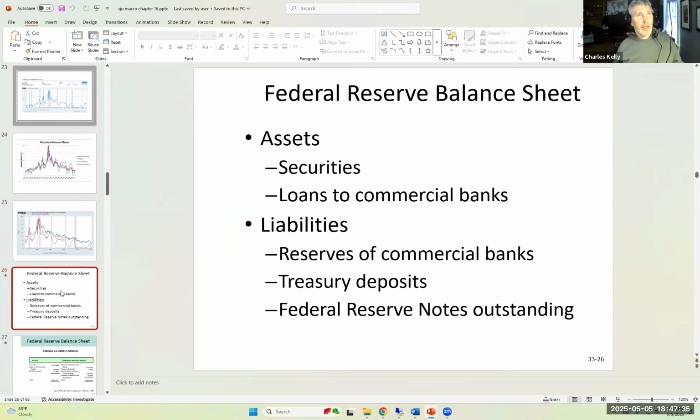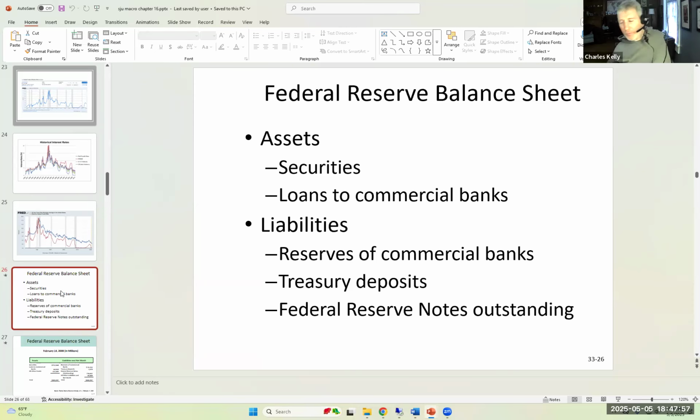You should definitely know what assets and liabilities are on the Fed's balance sheet. And you should have an understanding of how that balance sheet has changed pre-financial crisis, post-financial crisis, right?